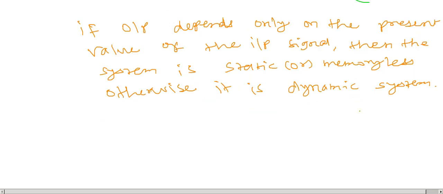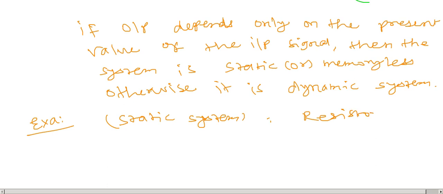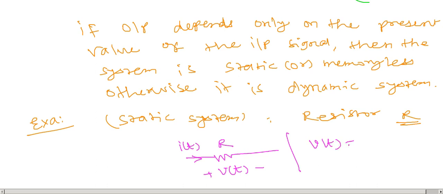For example, an example of a static system is a resistor R. If we consider the current I of t as an input and the voltage across this resistor as an output, then by Ohm's law V of t is equal to R into I of t.